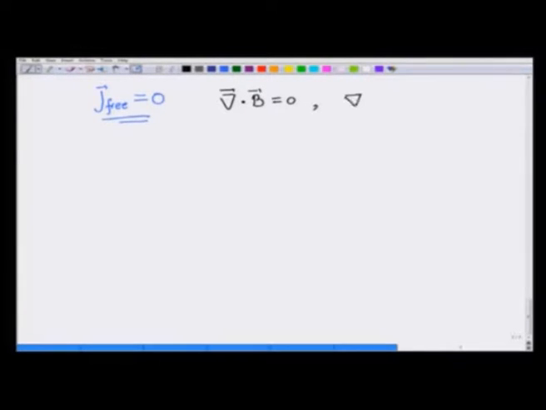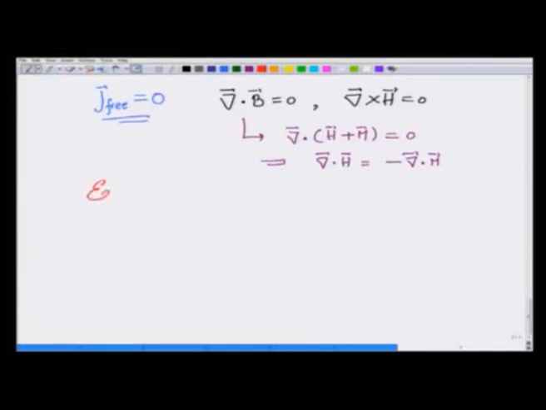In addition, I am going to have curl of H equal to 0, and since divergence of B is 0, it leads to divergence of H plus M is equal to 0, which gives me divergence of H is equal to minus divergence of M. So, I have two equations for H in this situation where J free is 0.